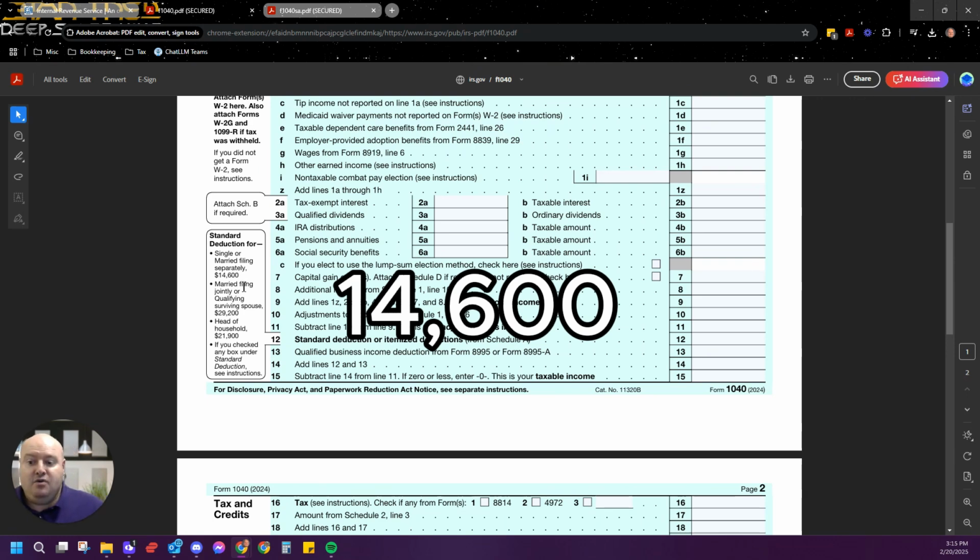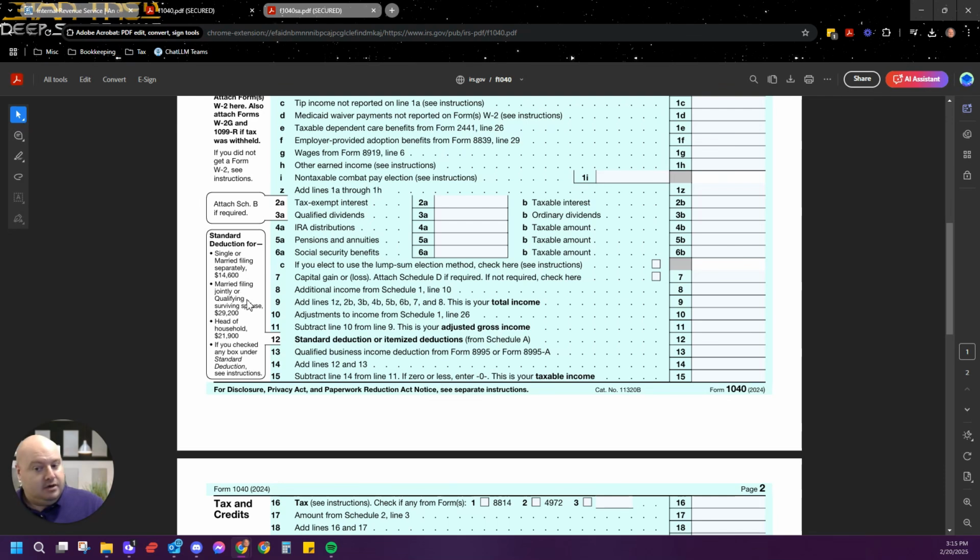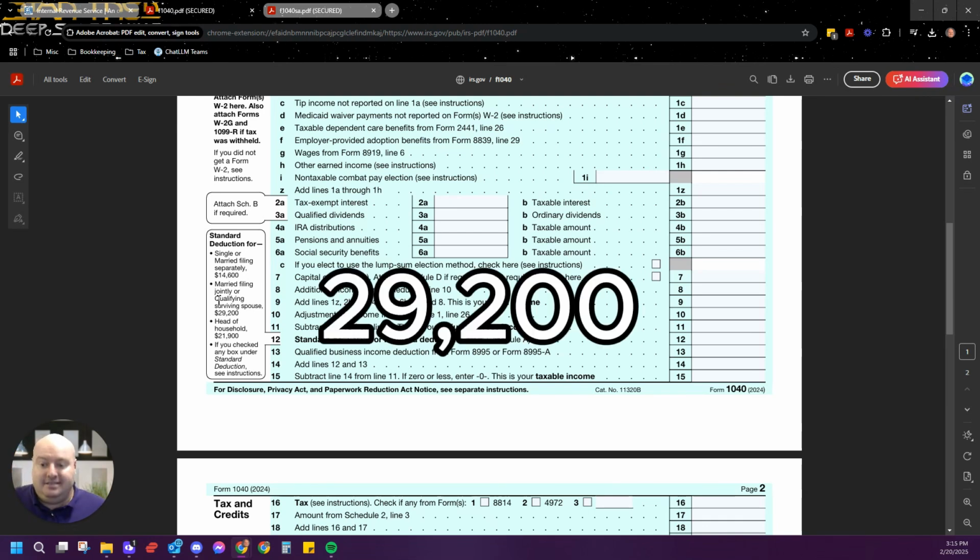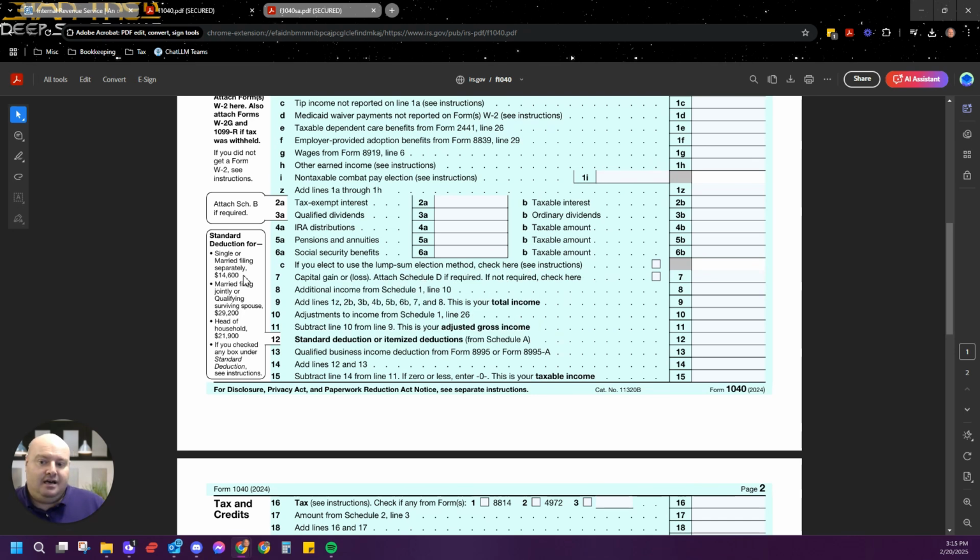If you are married filing jointly or you are qualifying surviving spouse, then you would get a deduction of $29,200. Which is, yes, double the single standard deduction. So, tax-wise, it can be beneficial to be married. Not going there, that is not my forte. But, yes, it is double the single standard deduction.